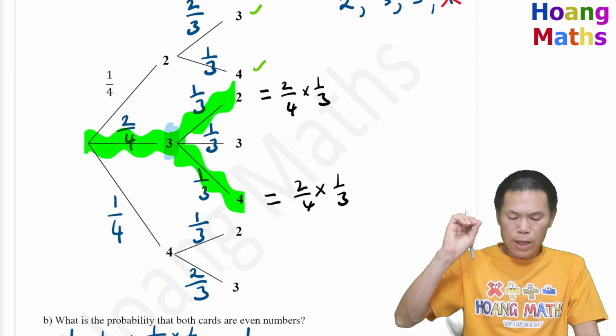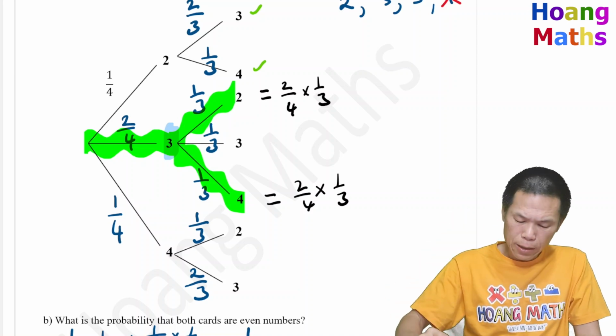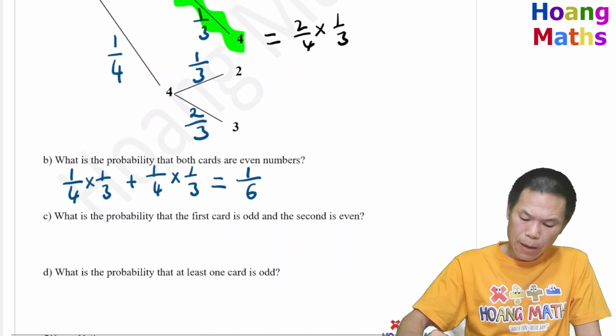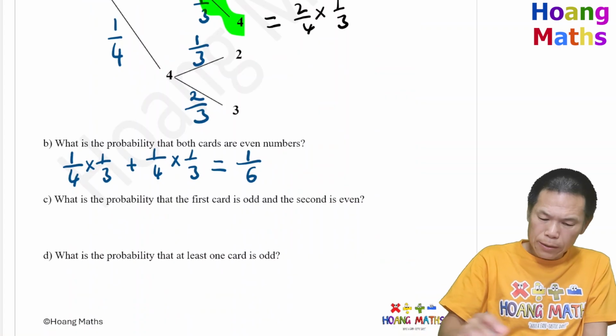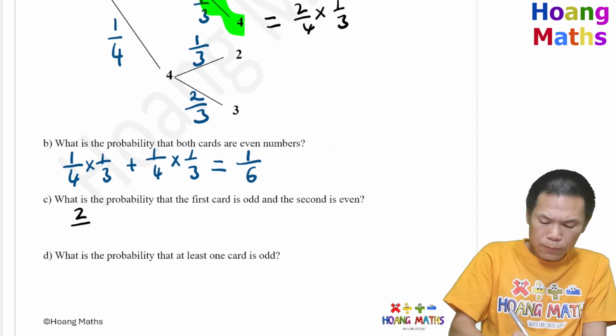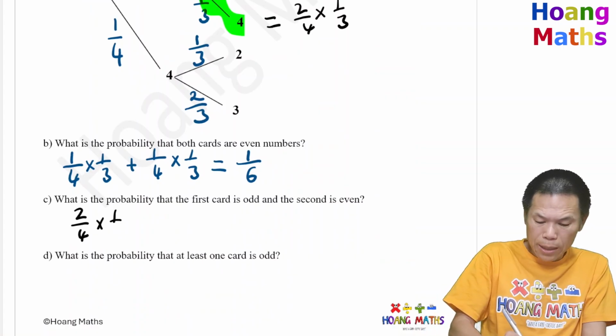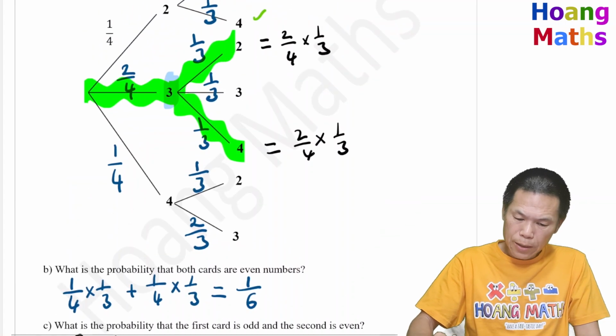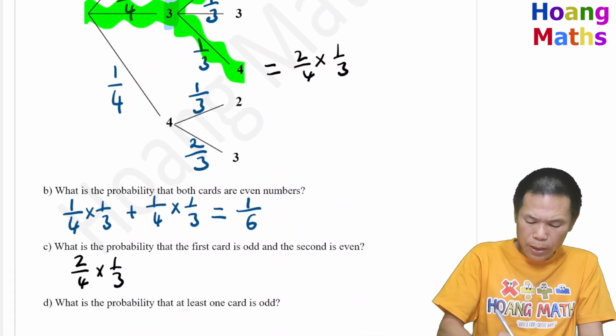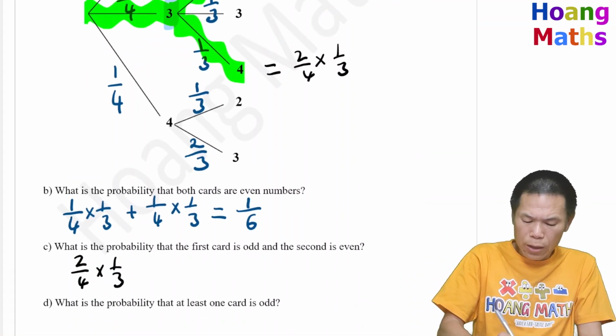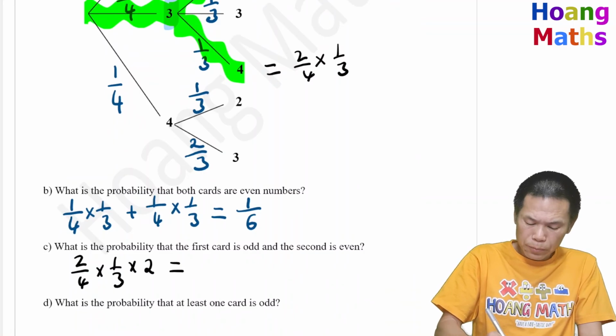That's it. First odd, second even. We can just add it again, or we just times 2. That is equal to 1/3.